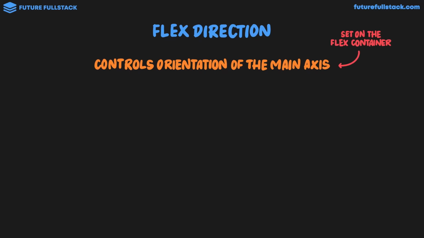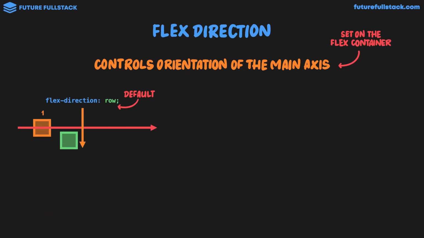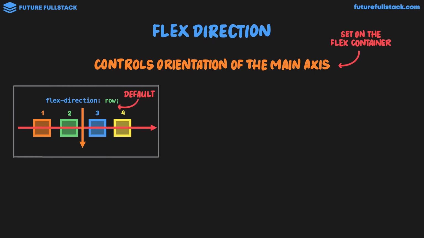The first is flex-direction: row, and row is the default value. It's what we've already seen so far, where our flex items go from left to right in a row. So we have our flex item 1, flex item 2, flex item 3, and flex item 4. They're going from left to right in a row. The next property is flex-direction: row-reverse.